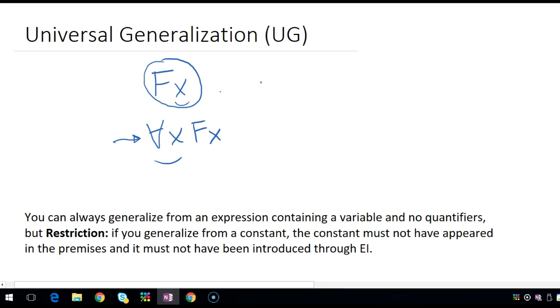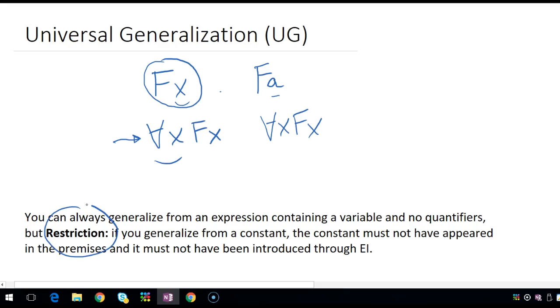You can also generalize from a constant. You can have a situation where individual A has the quality f, and you can validly infer that everything has that quality. But there is an important restriction.